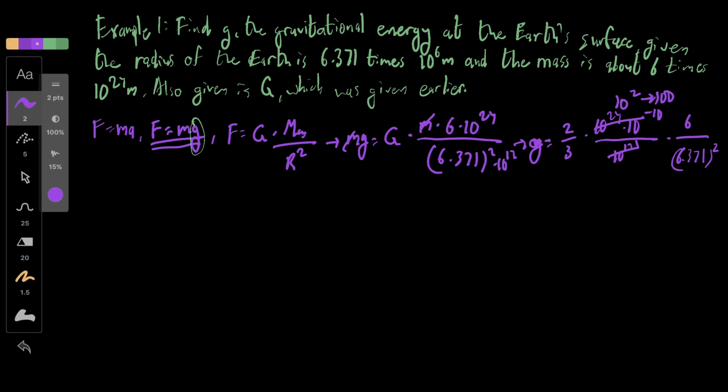Then we have 6 over 6.371 squared, which gets us 6 over about 40.58. Now, then we have times, of course, 2 over 3 times 100. Now, we can cancel the 3 over here.